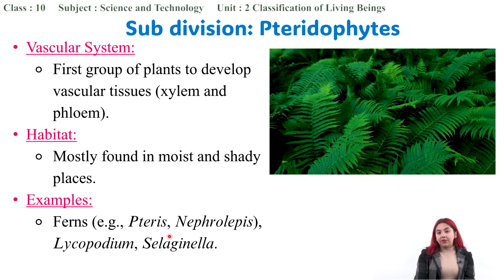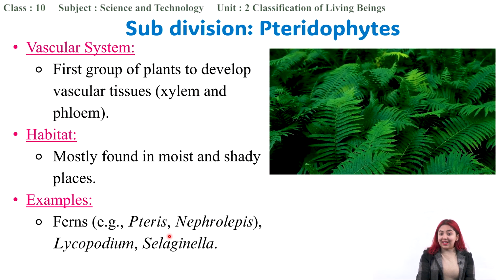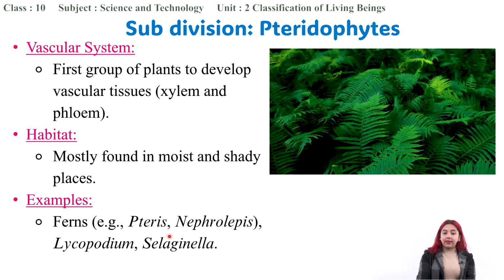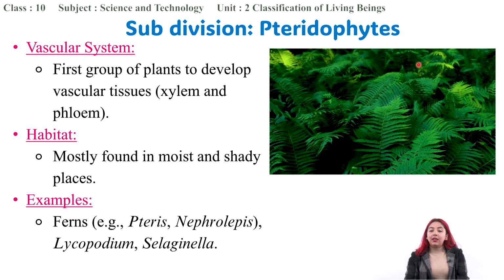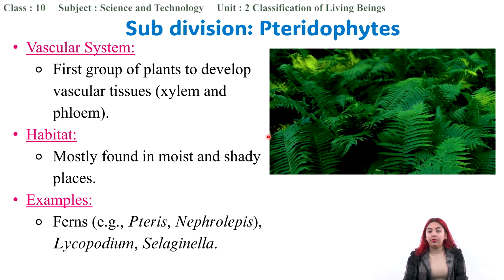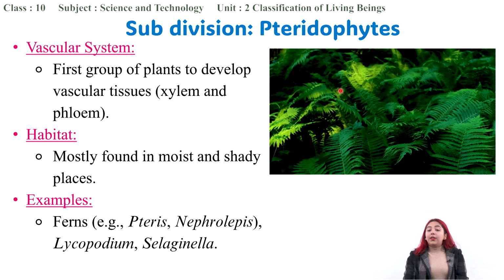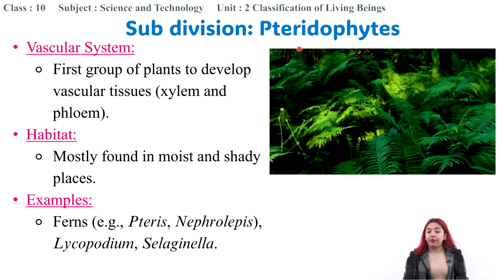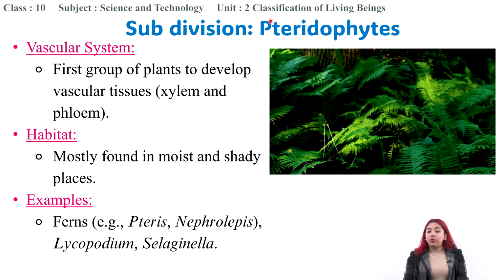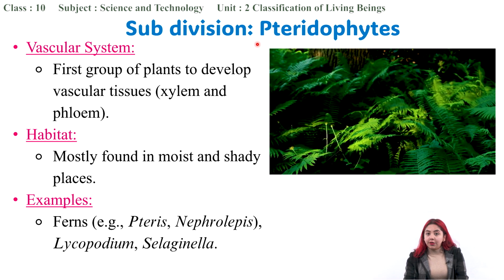The first subdivision that we'll cover in this class are the pteridophytes. Now you have seen these plants all over you, the ferns. The ferns are one of the main examples of the plants that belong to the subdivision pteridophytes. Now the basic characteristic of the plants that belong to this subdivision is the first one, that is the vascular system.